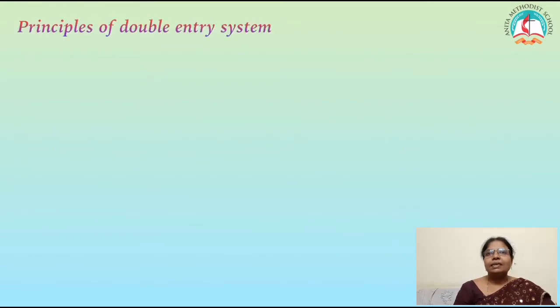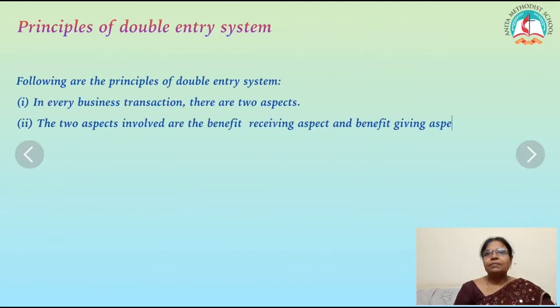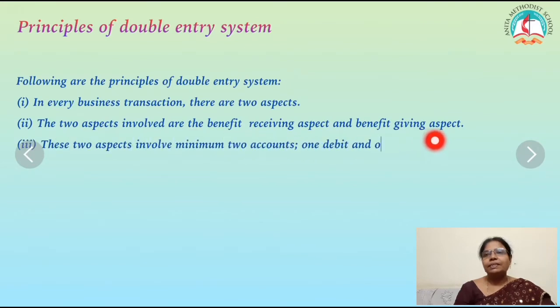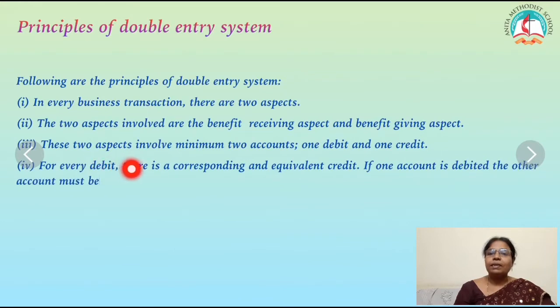Now we will see about principles of double entry system. Look at the slide. It shows the principles of double entry system. In every business transaction, there are two aspects. The two aspects involved are the benefit receiving aspect and benefit giving aspect. The two aspects involve minimum two accounts, one debit and one credit.